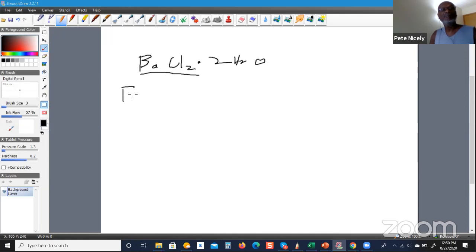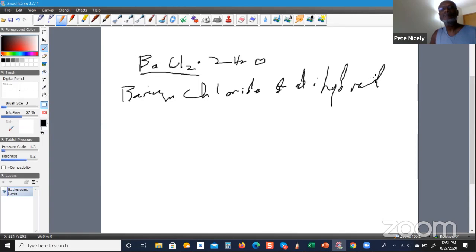So this is barium chloride. But now you have to indicate the number of water molecules, and in this case it's going to be dihydrate. So you use a prefix di, and then hydrate. The prefix di indicates that there are 2 water molecules, and hydrate indicates the presence of water.